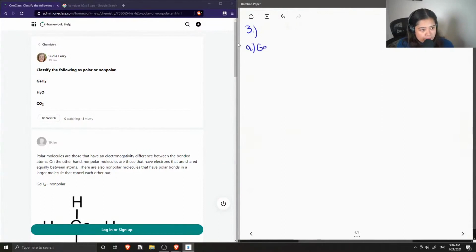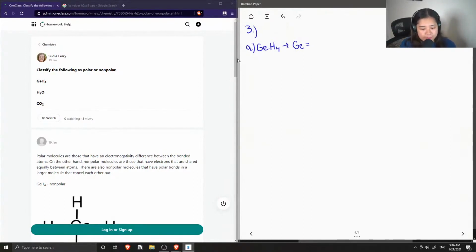So first, let's find the total valence electrons for our first molecule. I think this is germanium. We hardly see this element, so I'm kind of hesitant on what it's called, but this is germanium, I'm pretty sure.